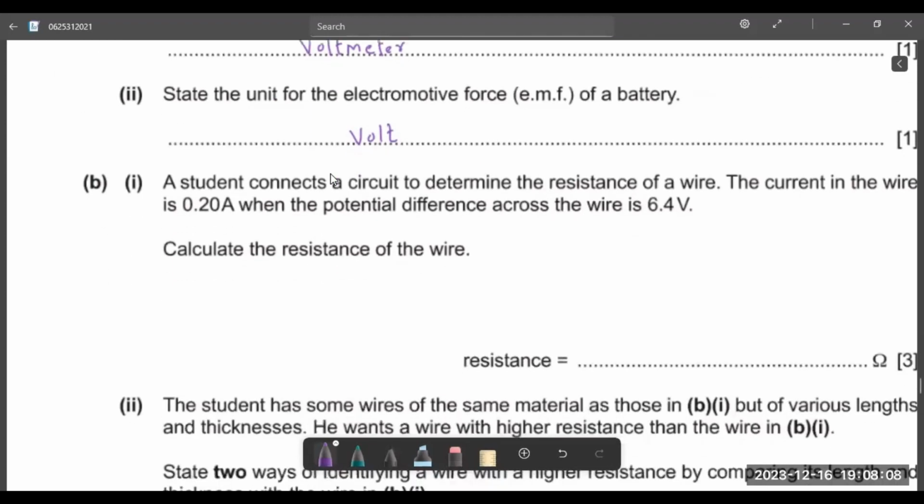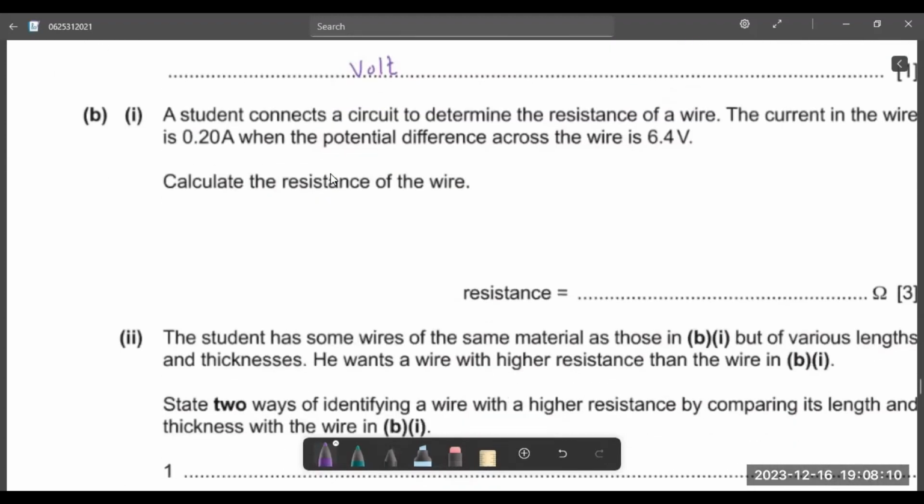A student connects a circuit to determine the resistance of a wire. The current in the wire is 0.2 amps and the potential difference is 6.4 volts. So current I is given, potential difference V is also given. Calculate the resistance of the wire.